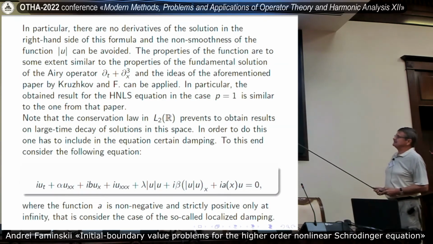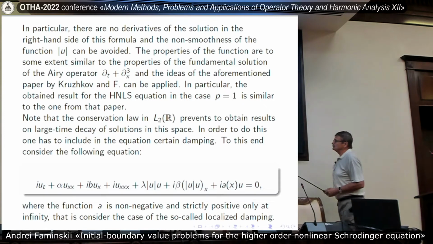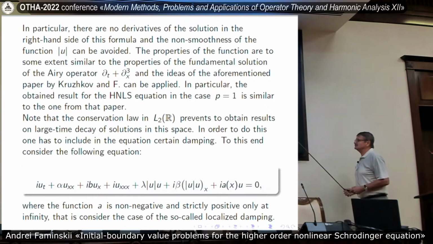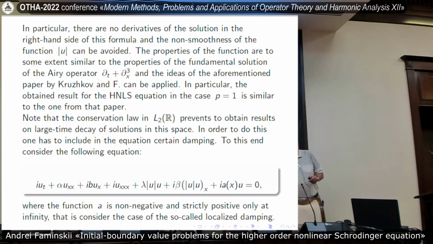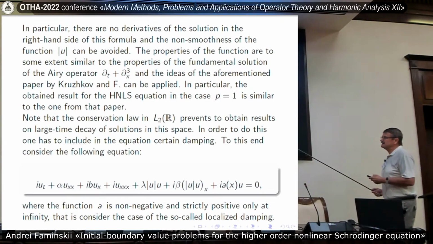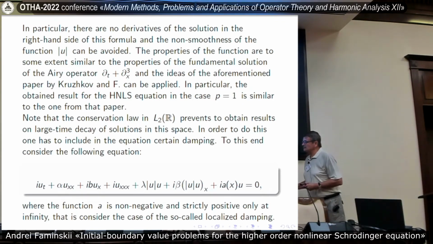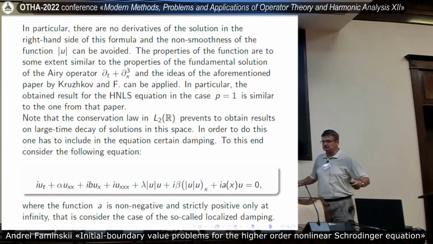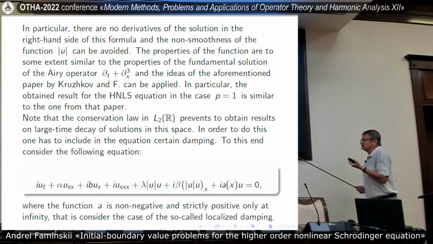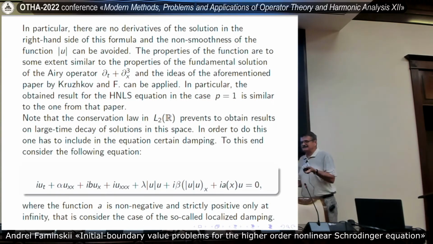Next, besides the results on global well-posedness, I have established some results on large time decay. Such results are popular for dispersive equations. In fact, since we have the conservation law in L2, the results on large time decay in L2 are impossible for our equation itself.